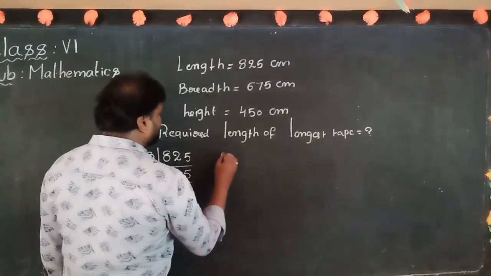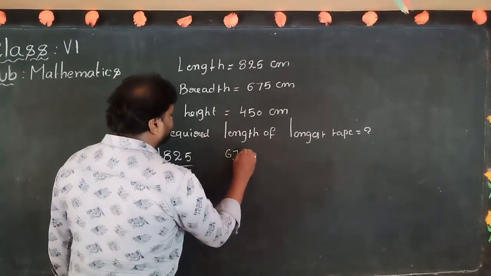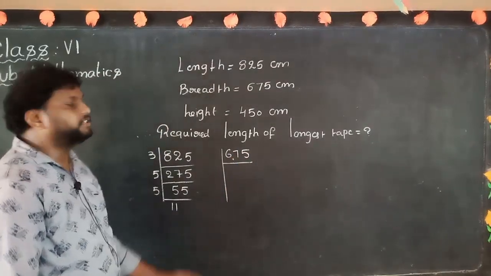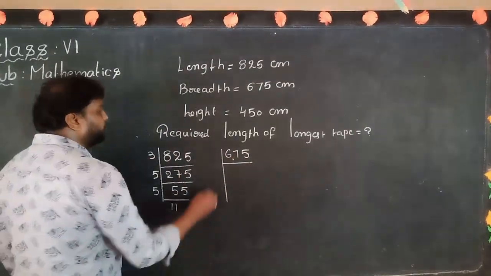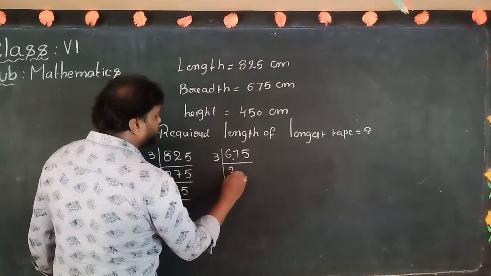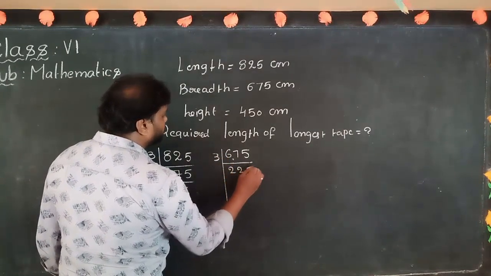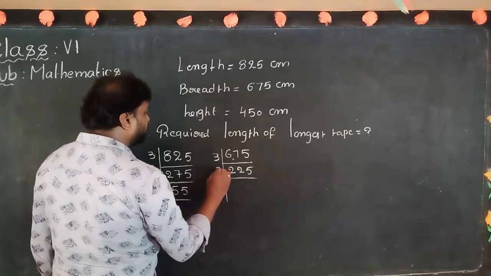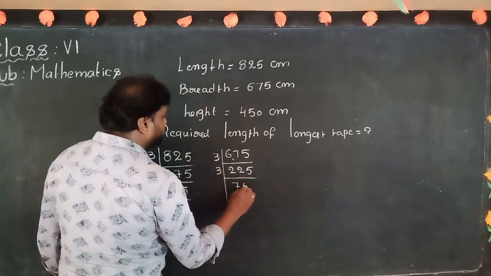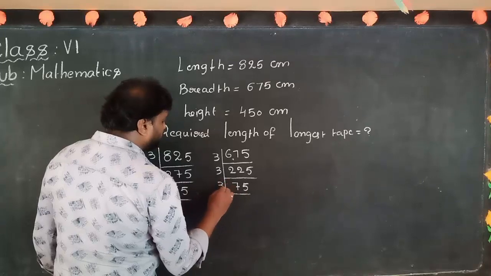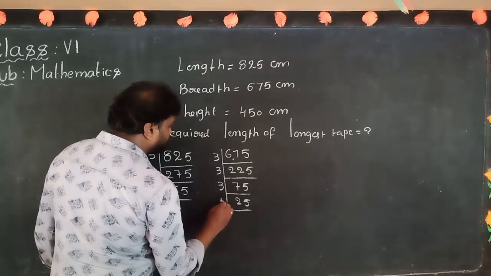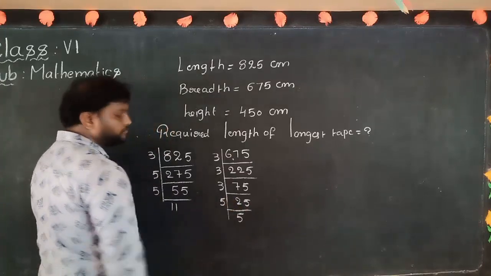Next 675. 6 plus 7 is 13, 13 plus 5 is 18. It is possible with 3. 3 2s are 6, 3 2s are 6, 3 5s are 15, 2 plus 2 is 4, 4 plus 5 is 9. Again 3 7s are 21, 3 5s are 15, 3 25s are 75, 5 5s are 25.